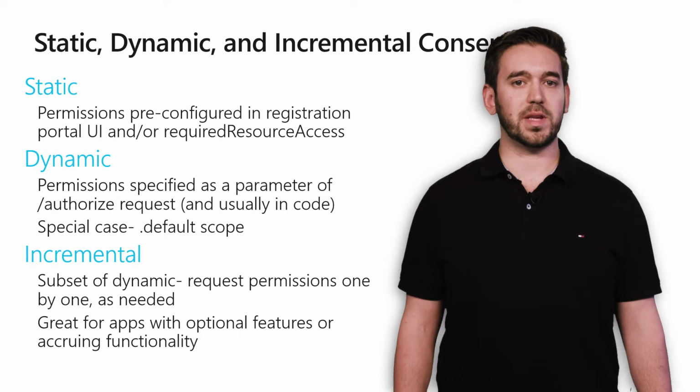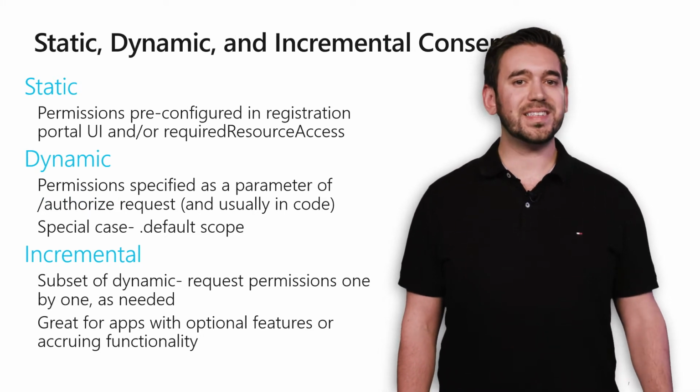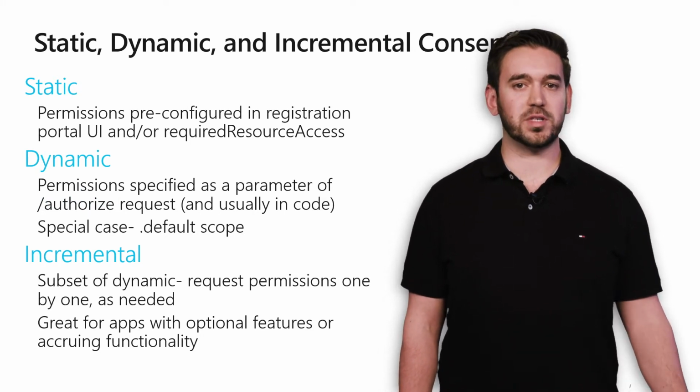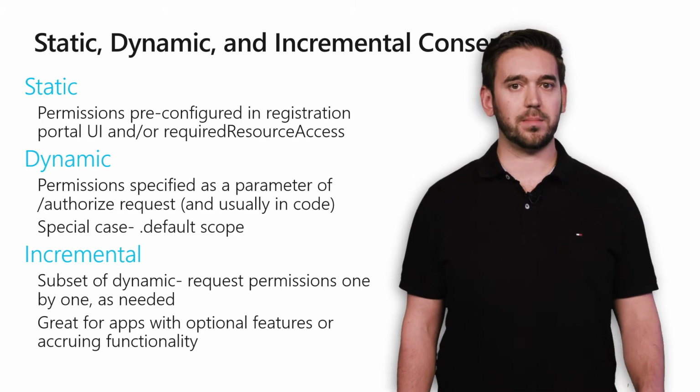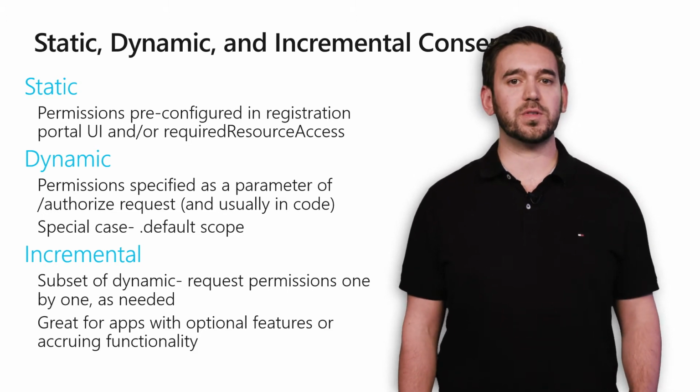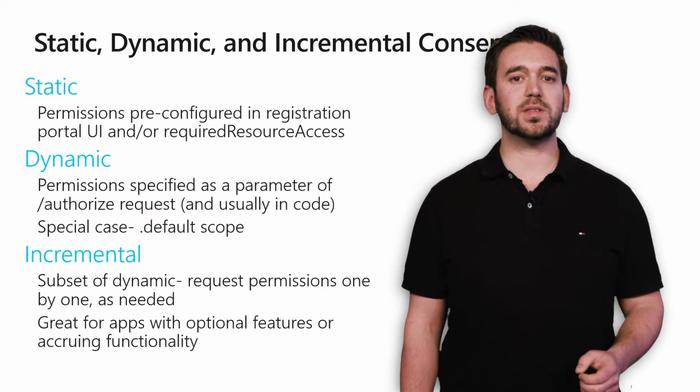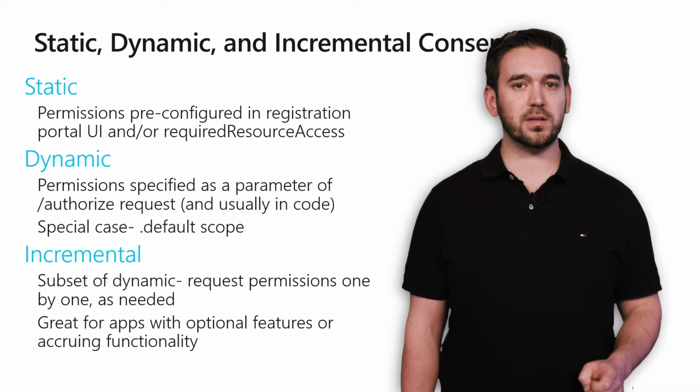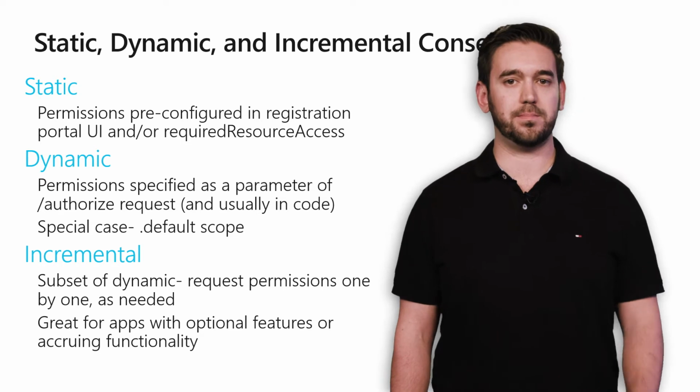Speaking of incremental consent, it's important to know what this is and how it relates to a few other flavors of consent, static and dynamic. Static consent is the term used for the scenario where the permissions in the consent prompt come from a pre-configured list that was specified by the developer up front.